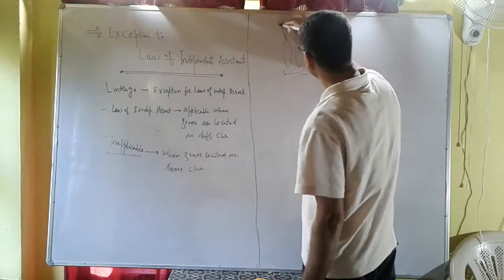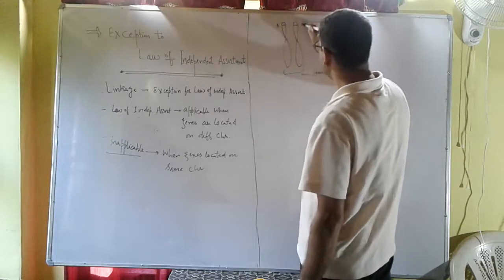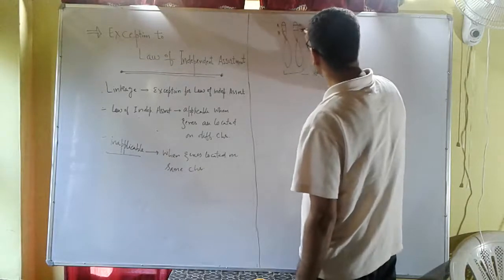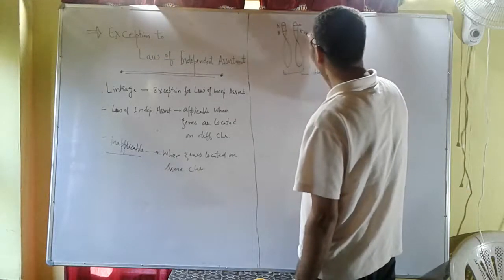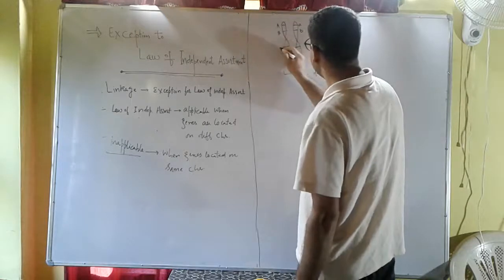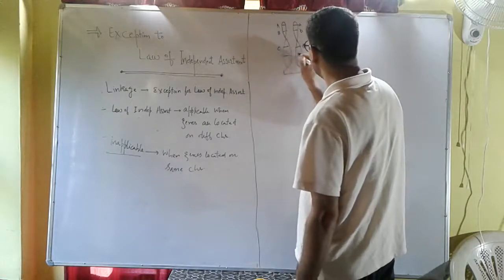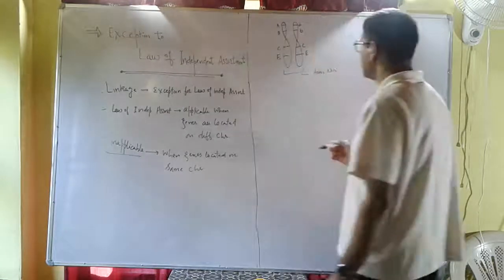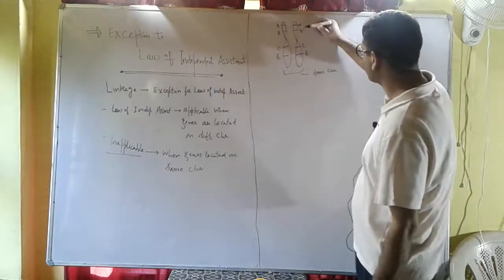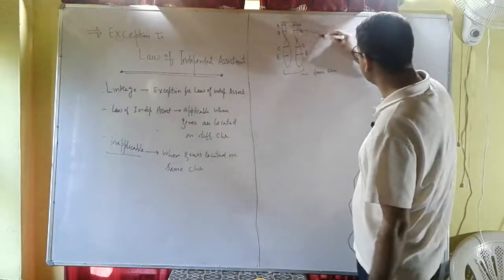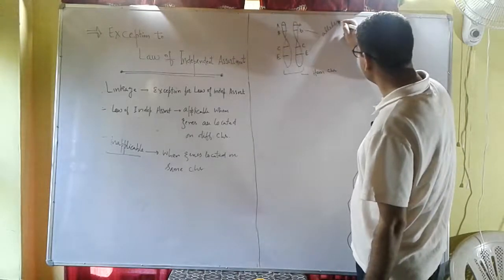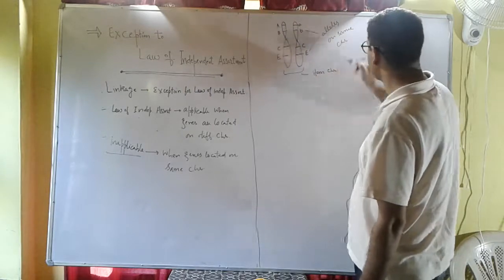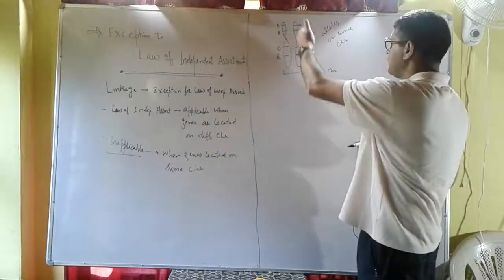This is allele A, small a. This is B and small b. So these are alleles on the same chromosome, so they will show linkage.